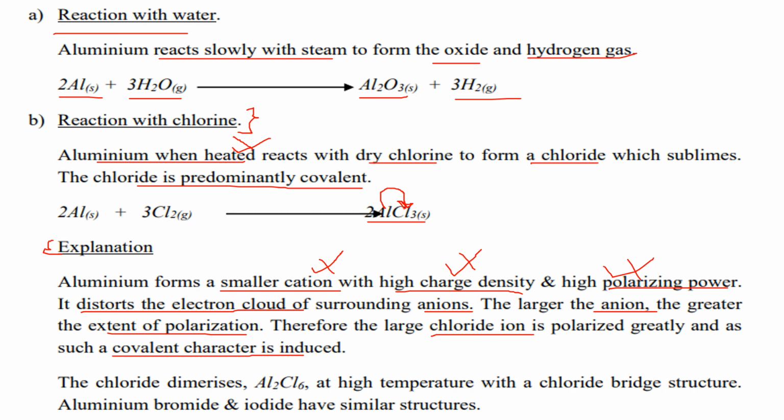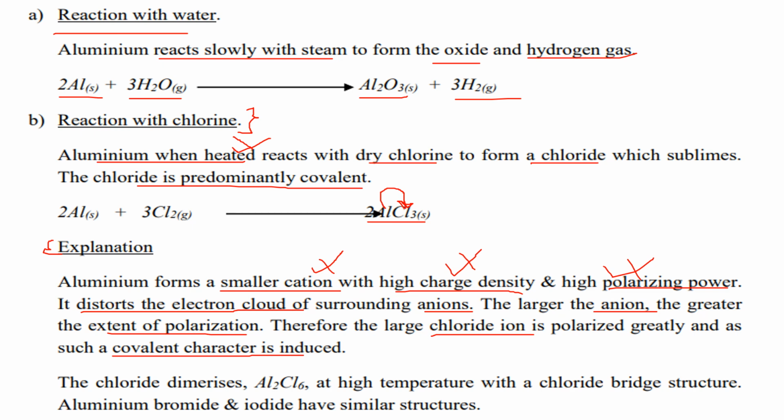So you find that the whole compound becomes predominantly covalent or less ionic. And there are very many questions that can be posed under that question. So you have to know characteristics of covalent compounds and characteristics of ionic compounds.